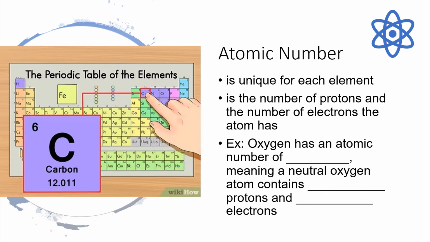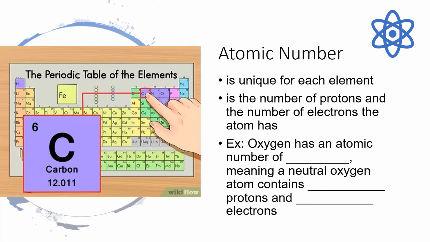So you have a periodic table reference sheet, and when you look at that periodic table, for each element there's a little square that gives you information. Obviously you have the big symbol, and the name of the element, but then there are two numbers.